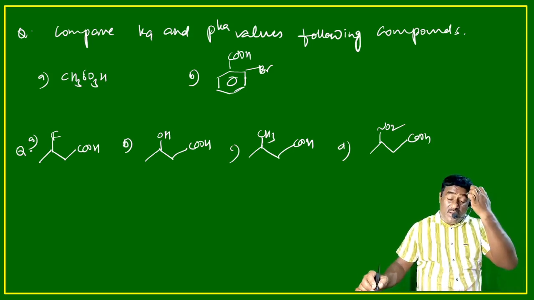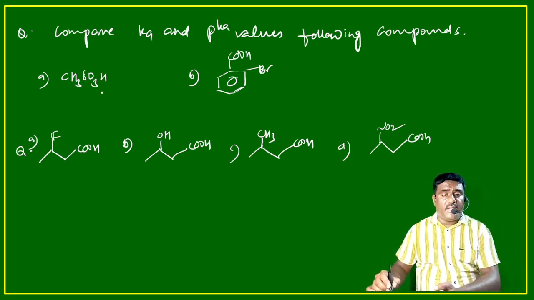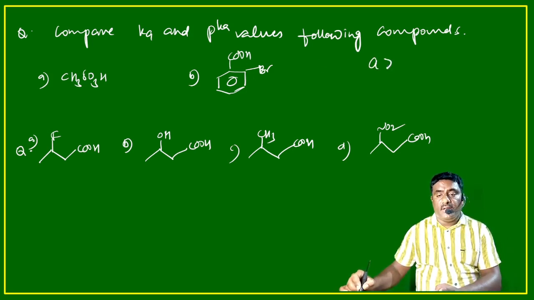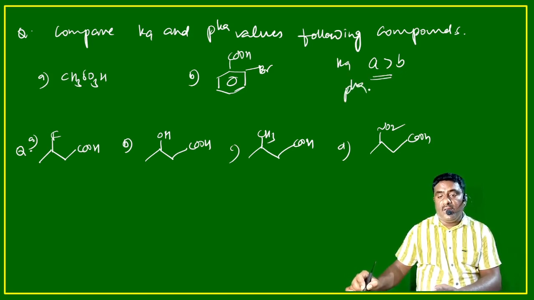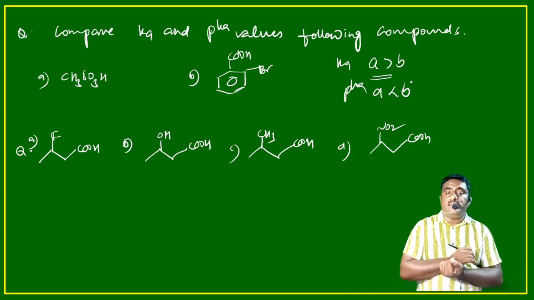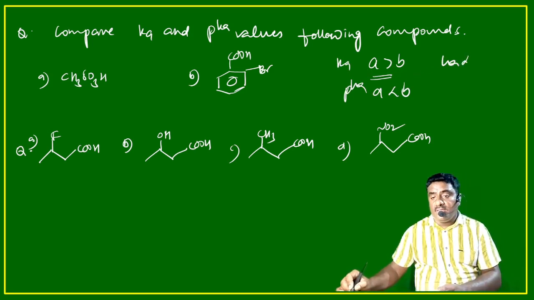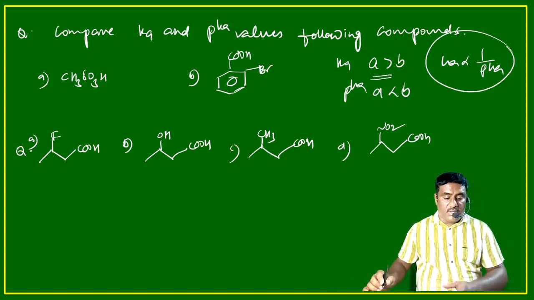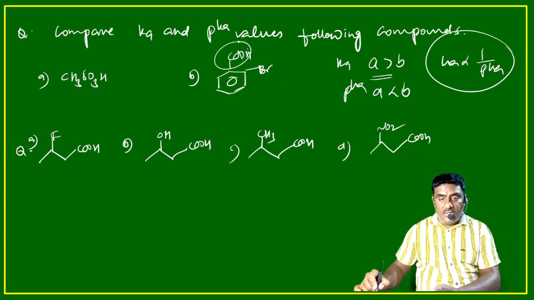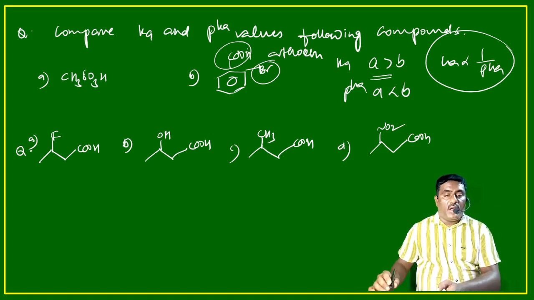Sulfonic acid is more acidic than benzoic acid, so A is greater than B. The dissociation constant Ka of A is greater than B, and pKa of A is less than B. Why? Ka is inversely proportional to pKa. In this condition the ortho effect is also applied. Have a look at the next question.